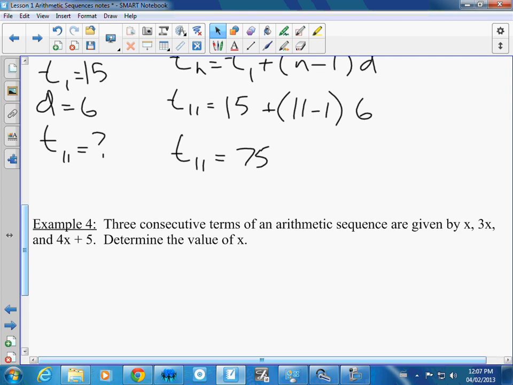Of those 4 things that we talked about already, T1, Tn, N, and D, if they're consecutive, what should they have? Should they have the same difference between them? Should the difference between these two be exactly the same as between these two? Between 2 and 1 and 3 and 2. They should be the same. Is that correct?